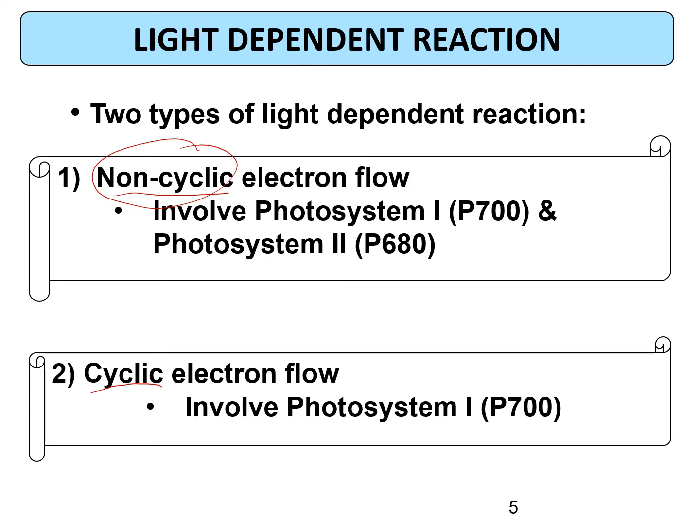For non-cyclic electron flow, we are talking about the electron flow involving both photosystem 1 and photosystem 2. While for cyclic electron flow, it involves only photosystem 1.